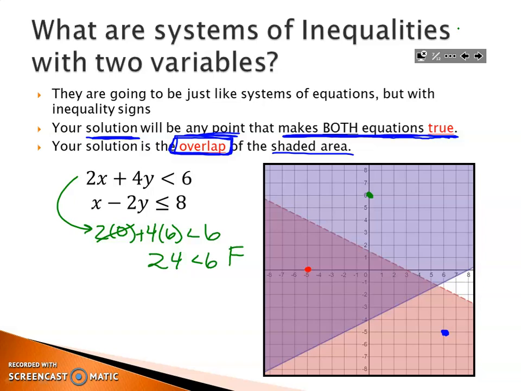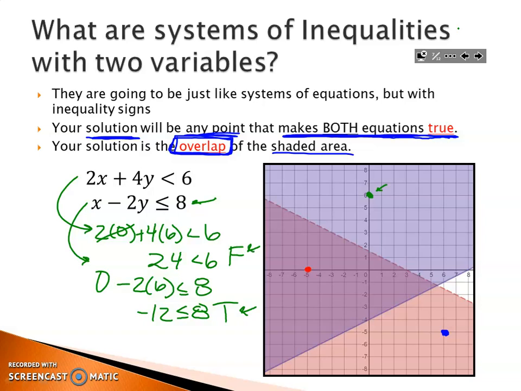However, when I do this one, 0 minus 2 times 6 less than or equal to 8, I get negative 12 less than or equal to 8. Negative 12 is less than or equal to 8. So your green point is true for this one here, which is our purple. It's true for one, but it is not true for our red. So this one is not a solution.